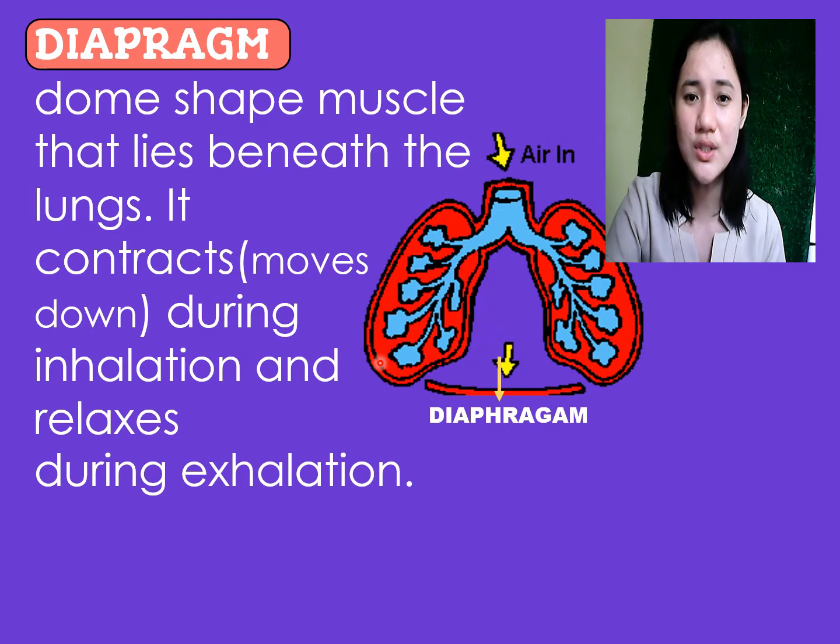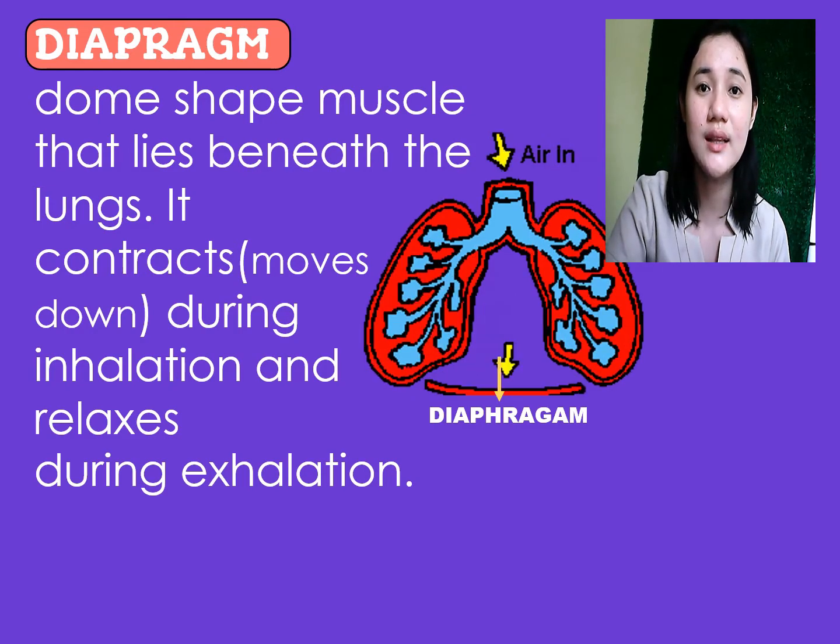Okay? To understand how the diaphragm works, let us first realize the process of inhalation and exhalation. When we inhale, oxygen gets into the lungs, specifically the alveoli. We have mentioned that these air sacs inflate like balloons whenever they are filled with oxygen.